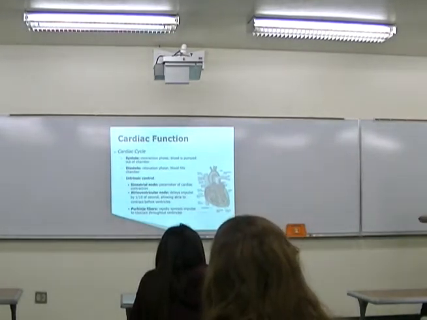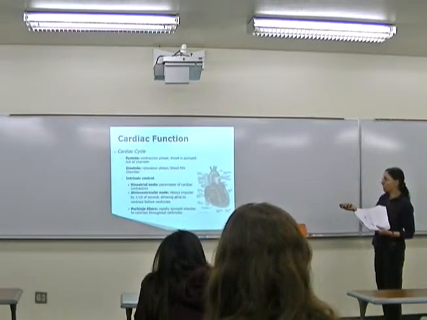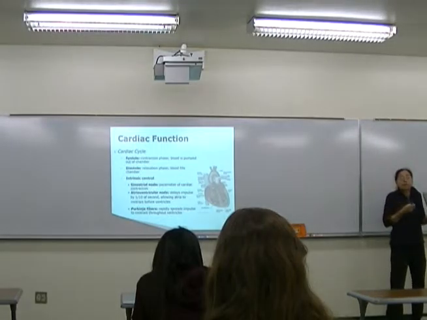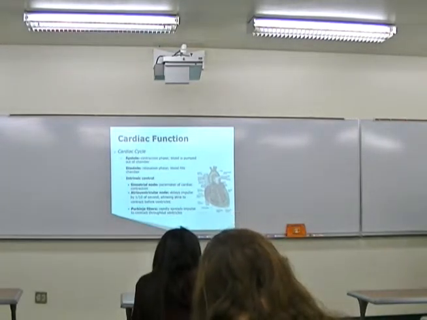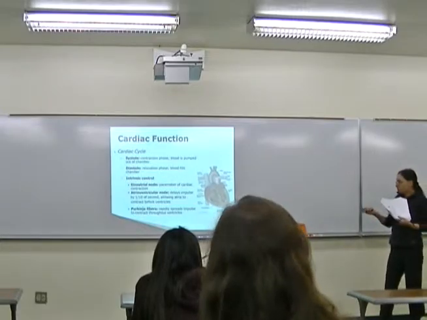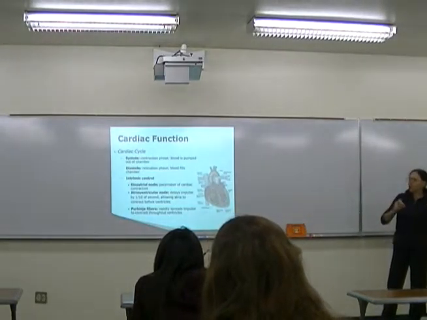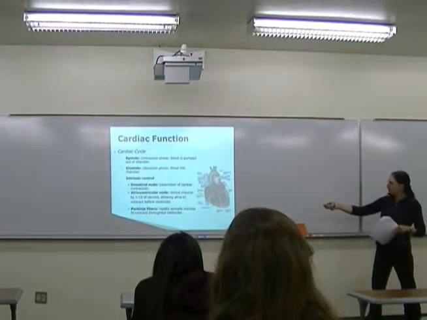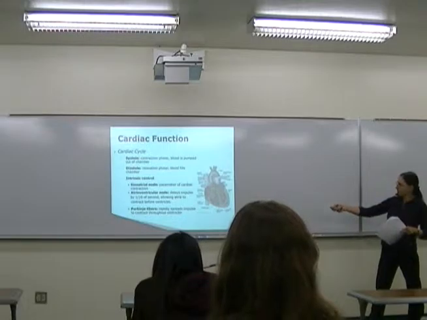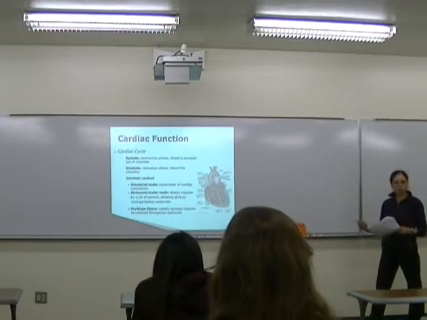The AV node plays a really crucial role because it hangs on to the electrical impulse for just a minute amount of time, somewhere around a tenth of a second. And then it sends the signal on across the ventricles and down the Purkinje fibers so that we get contraction across the rest of the heart.